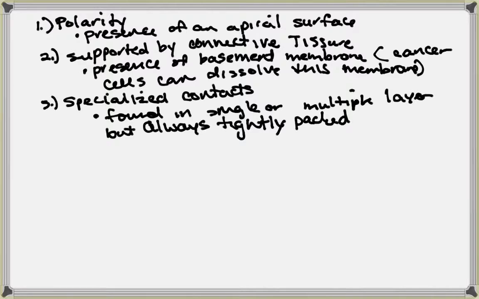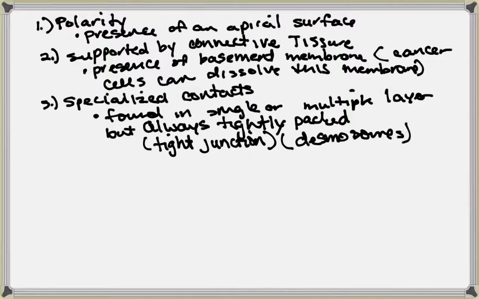And within those layers, you might find something like tight junctions. So a tight junction is a connection between cells that allow nothing to pass through. So it almost makes it completely waterproof, tight, nothing can get through. So they're very, very close together. And then you have desmosomes. And these, I like to say, are kind of like molecular Velcro. They allow you to have or relieve tension, but they're always tightly packed.